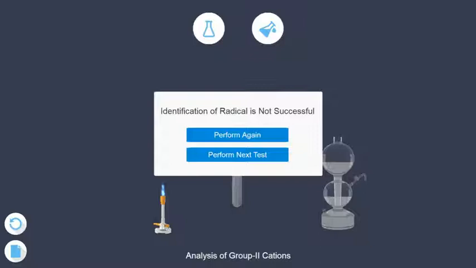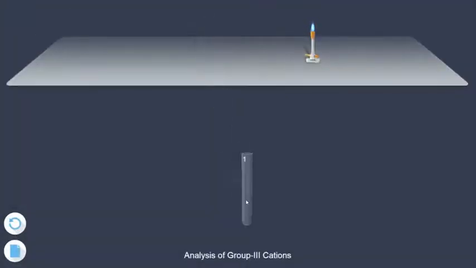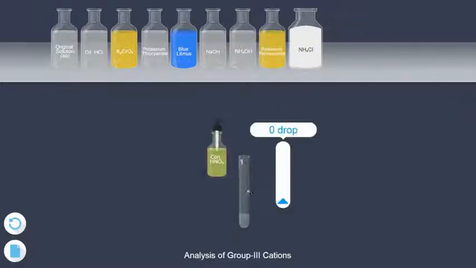Perform next step. Take a test tube and add original solution to it. Add 2-3 drops of HNO3 to it and heat for few minutes.